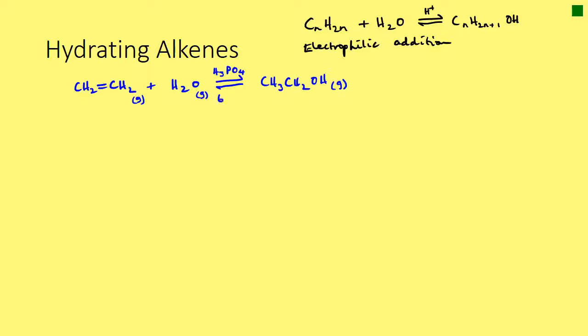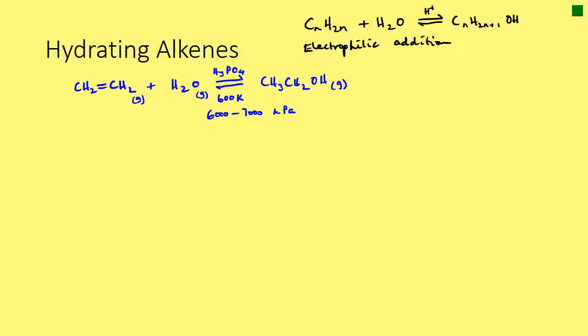So let's put 600 Kelvin down there, and also about 6,000 to 7,000 kilopascals. You might see the reaction conditions as atmospheres in some sources, in which case this is about 60 to 70 atmospheres. So that's the individual reaction for making ethanol.